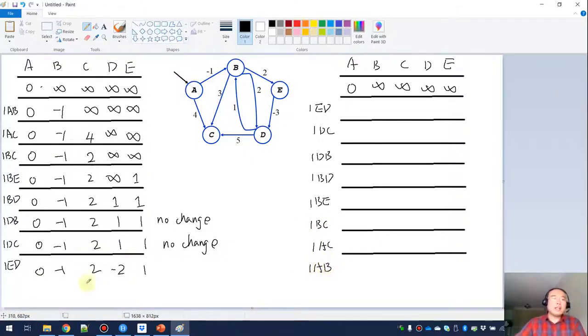Okay, so I take this sequence and I just put all the sequences in the reverse order.